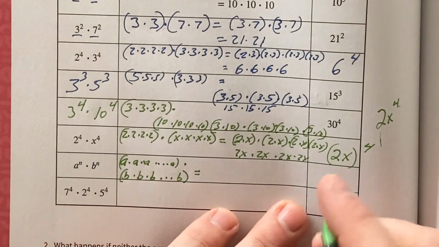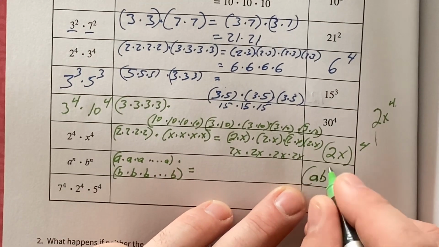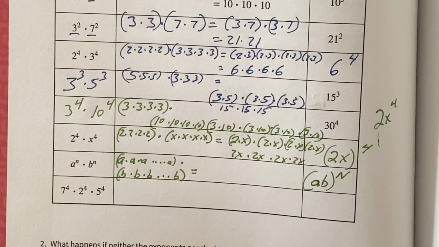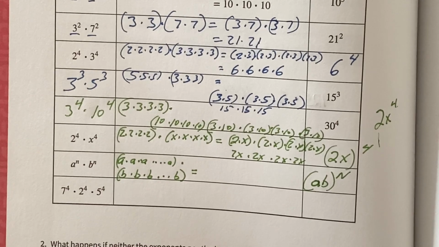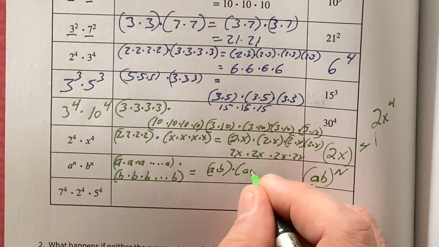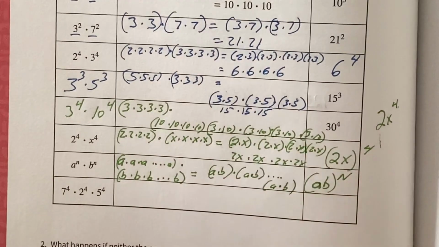Well, you would just multiply A and B together. And then however many you have would be your exponent. And this would be A times B. Again, however many you have. Doesn't matter. Same pattern.